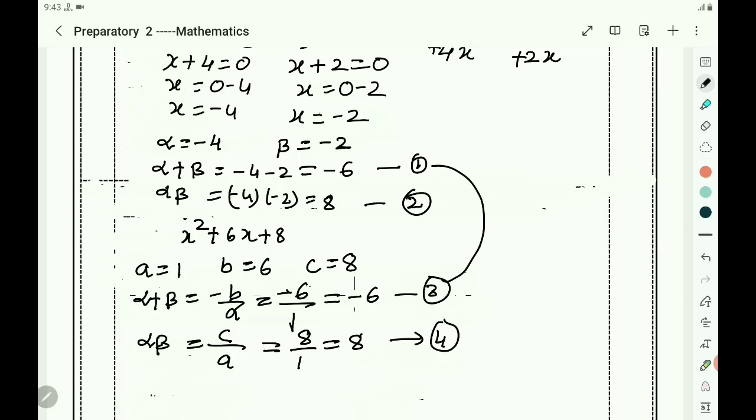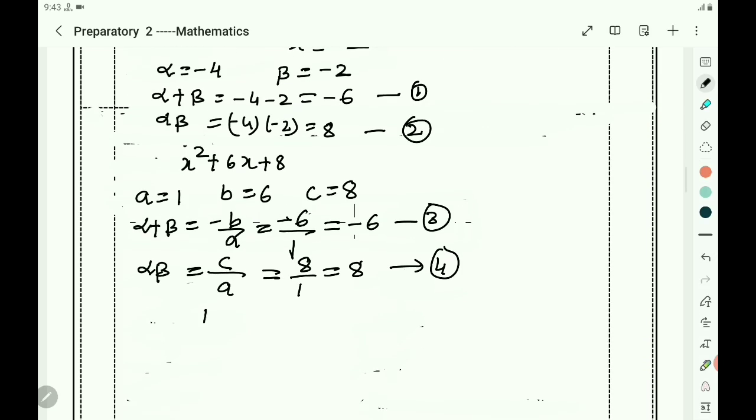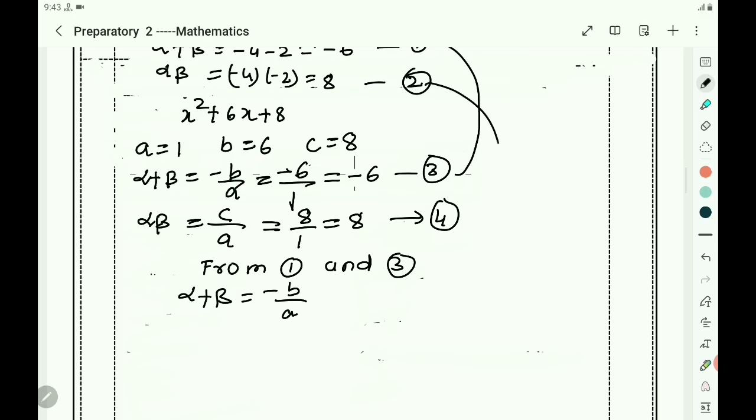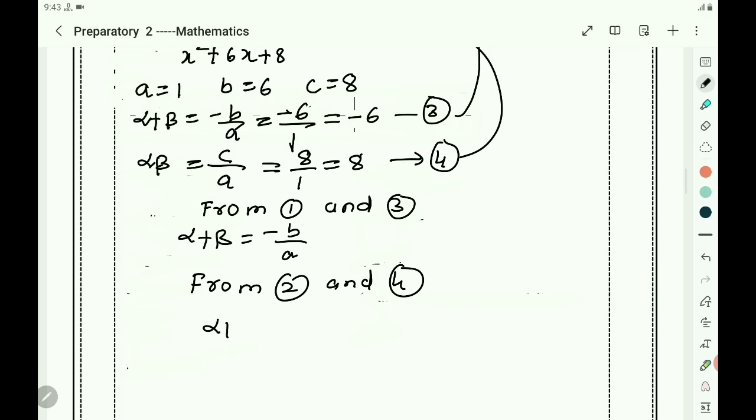From first and 3, alpha plus beta is equal to minus b by a, and from second and 4, alpha beta is equal to c by a.